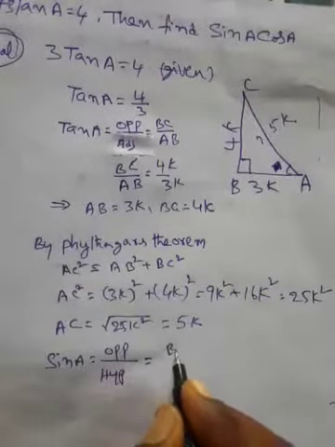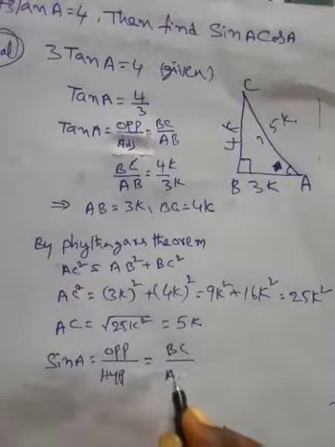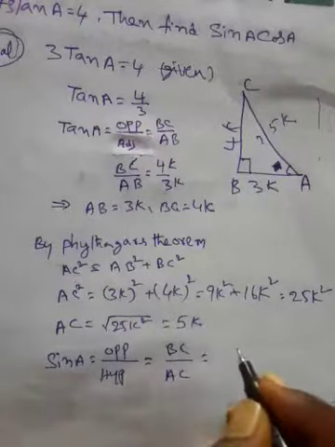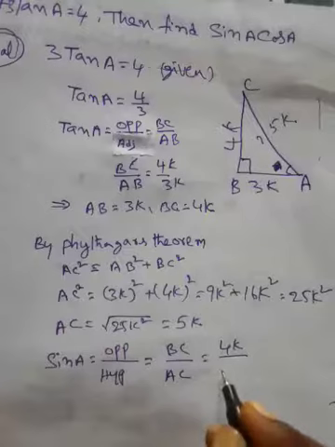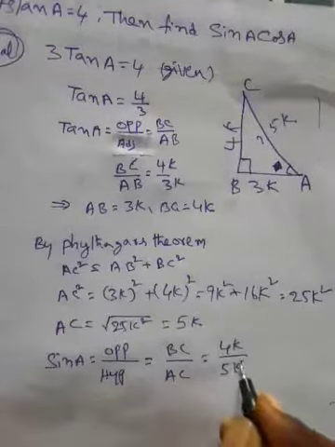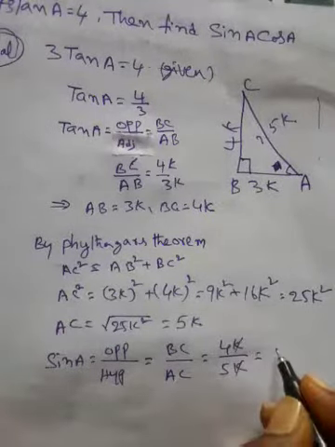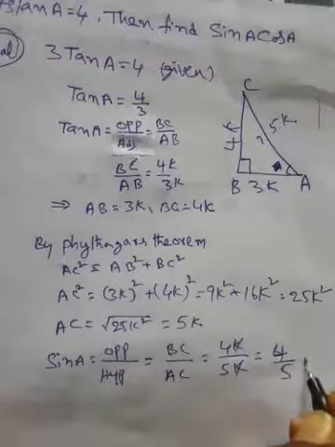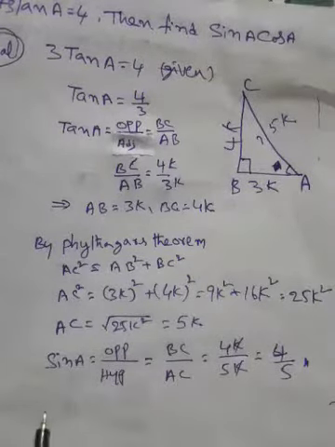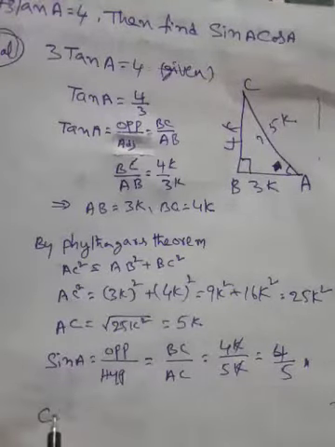Opposite is BC by AC. BC is 4K, AC is 5K. K and K get cancelled. That's equal to 4 by 5. That is sin A.